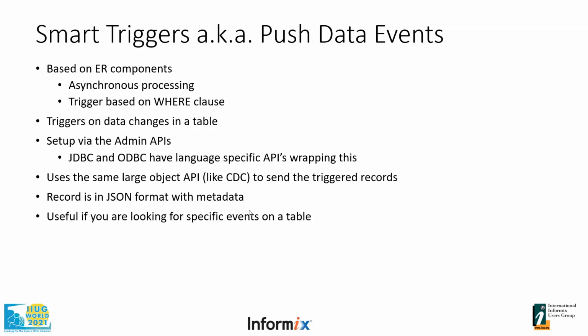So we provided these triggers. The best part is it also gives the output in JSON format. Whenever there is a change in the table, you can get those notifications based on some where clause, a subset of data that you keep a watch on.